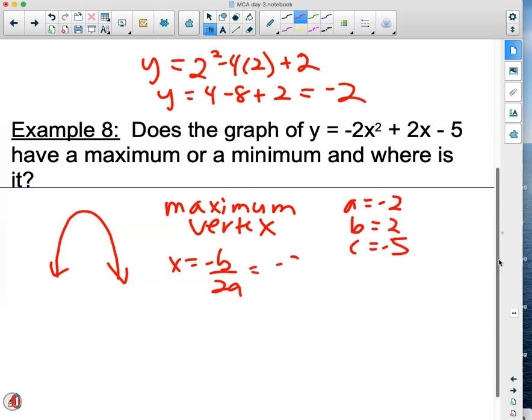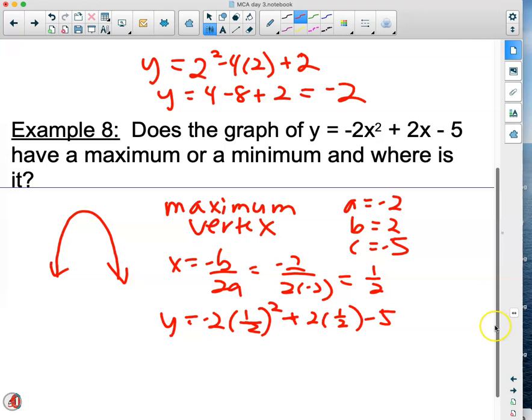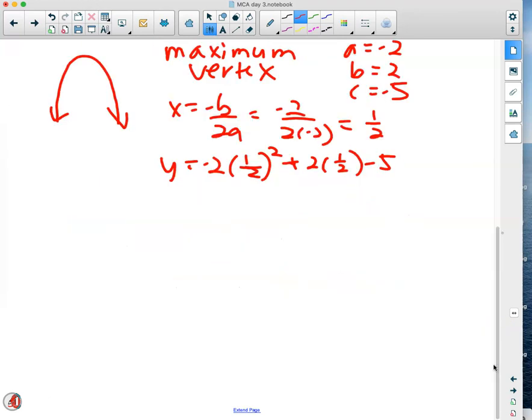So we will have negative 2 over 2 times negative 2, and you could cancel the negative 2's if you want to, but we're going to get a little fraction of 1/2. And then we'll have to plop that back in the formula. Which again, if you don't want to do the fractions in your head, you don't have to.